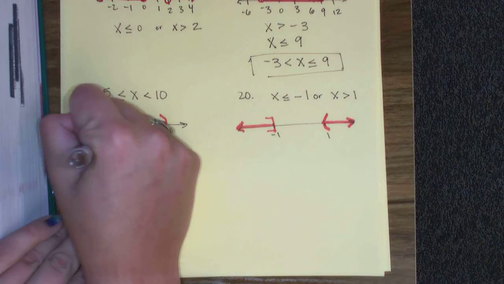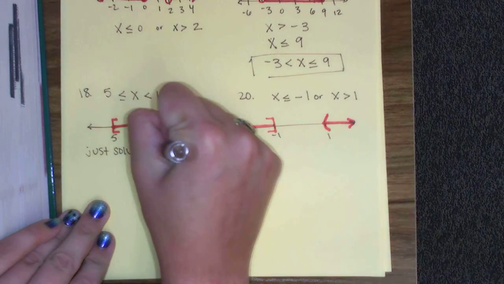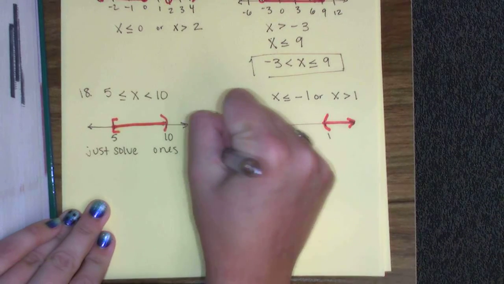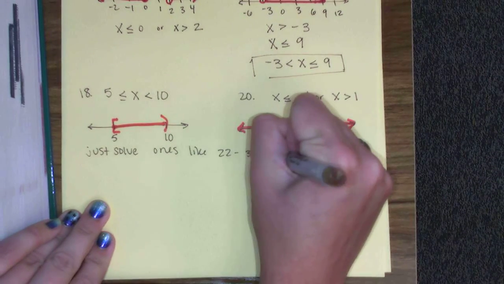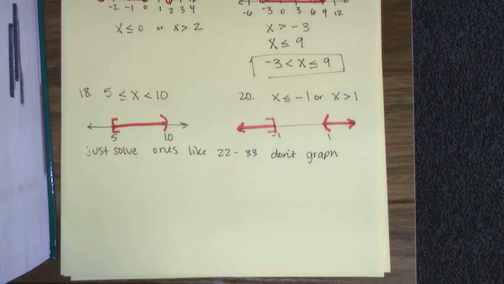So just solve ones like 22 through 33, don't graph. When you multiply or divide by a negative sign, you flip it.